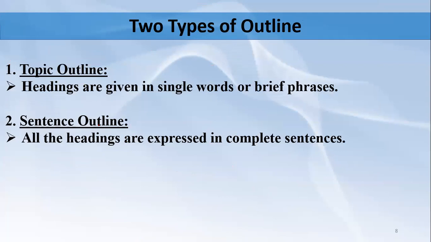Okay. There are two types of outlining, simply the form or structure, the techniques of outlining. The first one is topic outline, the second one is sentence outline. Topic outline means that headings are given in single words or brief phrases.